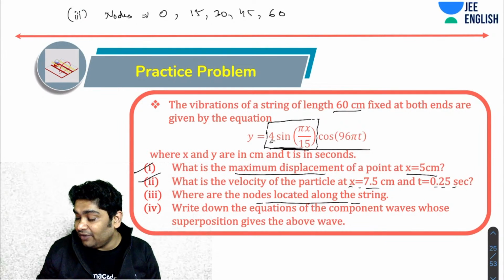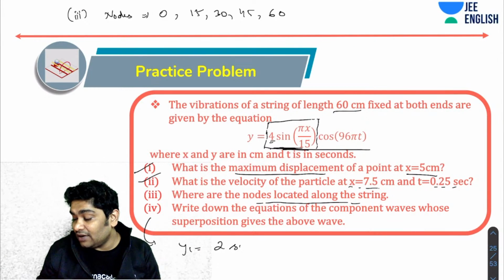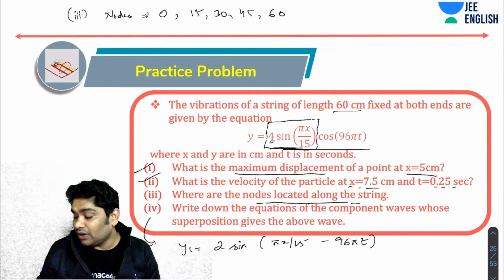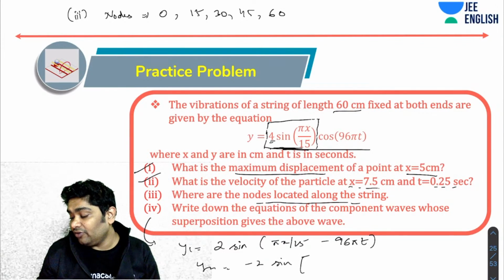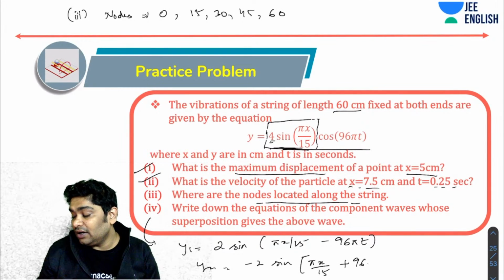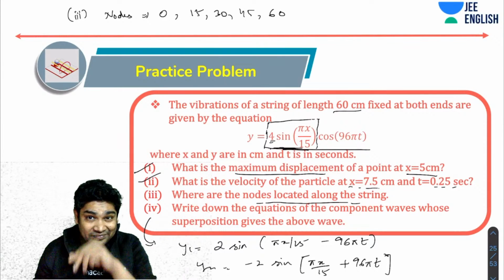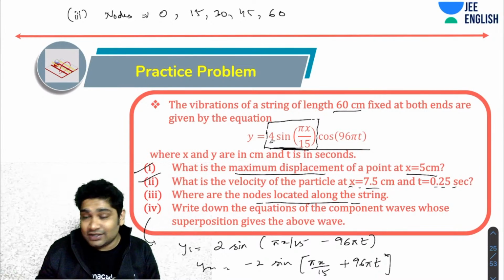So your component wave equations would have been y1 would have been 2 sine of pi x by 15 minus omega t, okay, and y2 would have been minus 2 sine of pi x over 15 plus 96 pi t. So these would have been your component waves. Okay. So this is how you would have answered all.